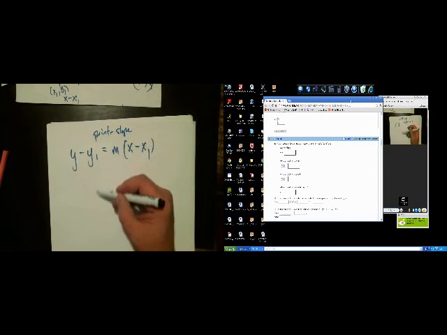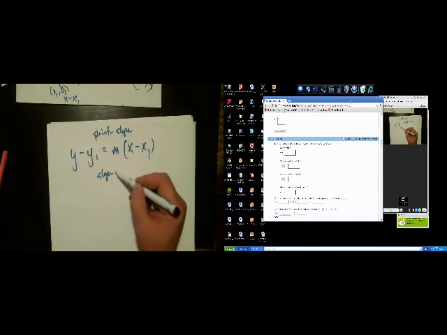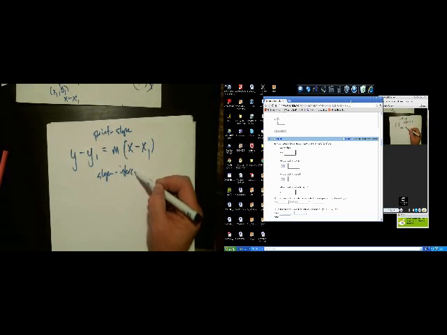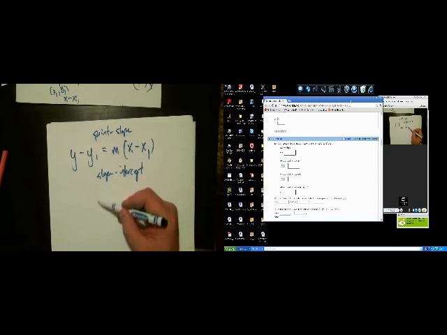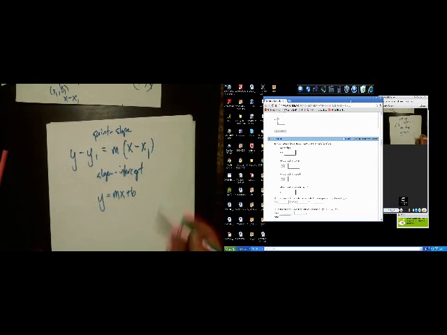What you told me originally was slope intercept, y equals mx plus b. The way to think about slope intercept is it's point slope form when the point is (0, b).